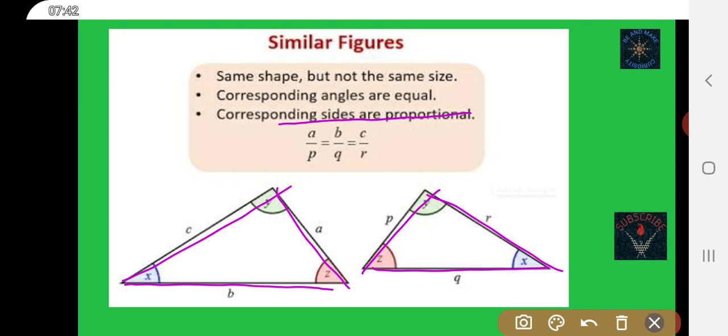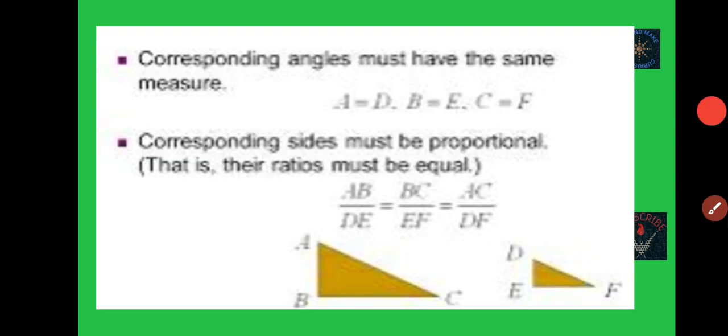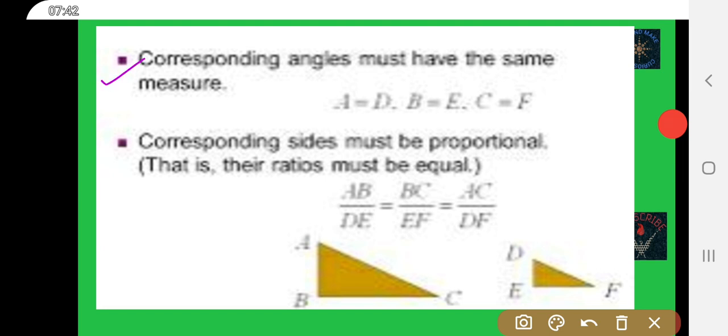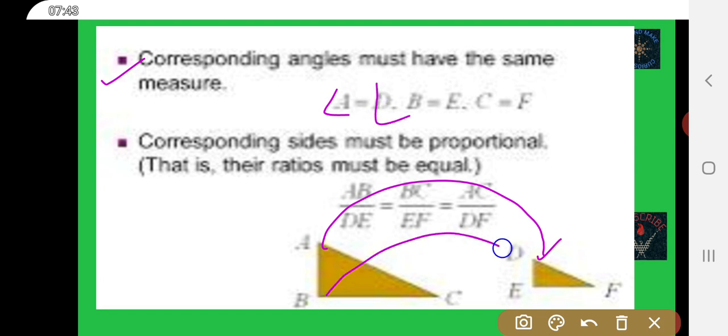Okay, so here you see corresponding angles must have the same measures. So here angle A is equal to angle D, angle B is equal to angle E, and angle C is equal to angle F. Okay, so their corresponding angles are equal.